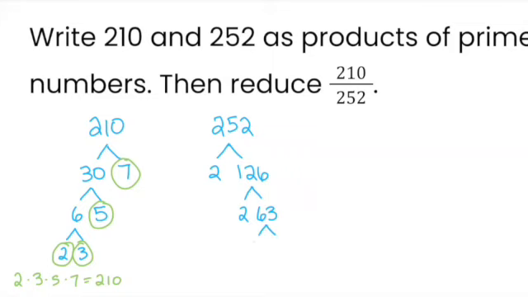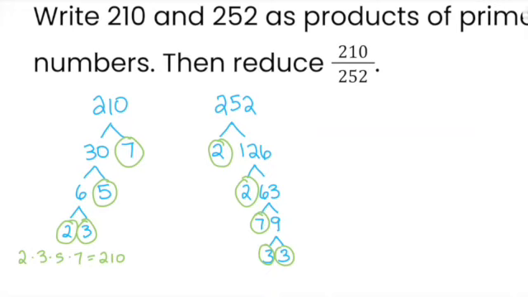And the 63 I can split into 7 times 9. At that point, 7 is prime, but 9 can be split into 3 and 3. So I now have all of the prime factors of 252. I can write 252 as the product of 2 times 2 times 3 times 3 times 7 is equal to 252.